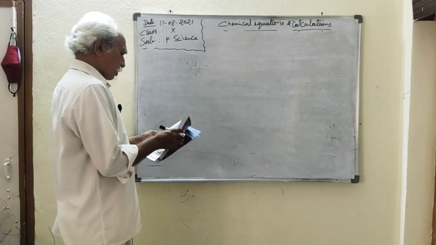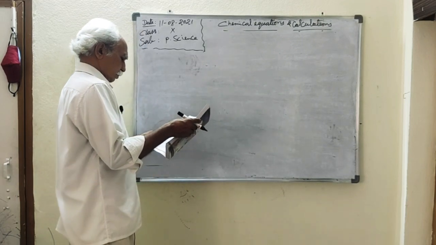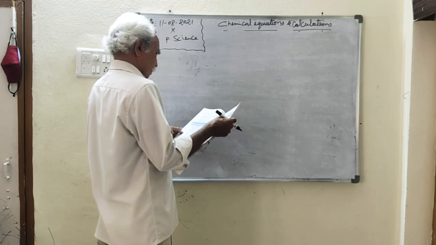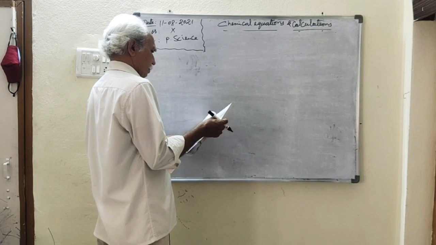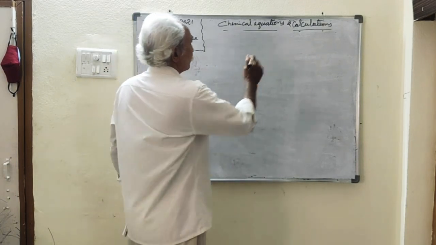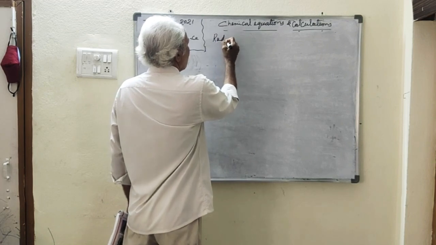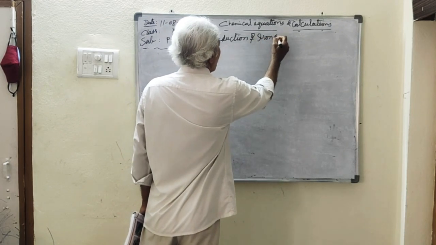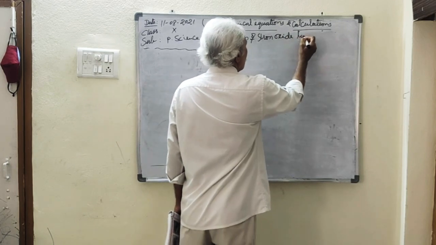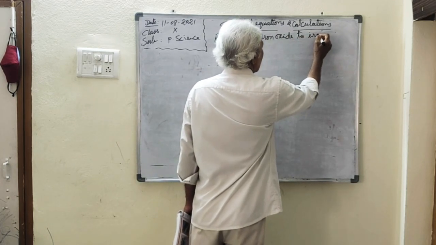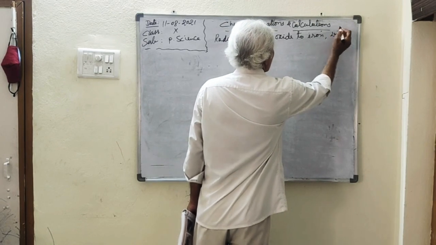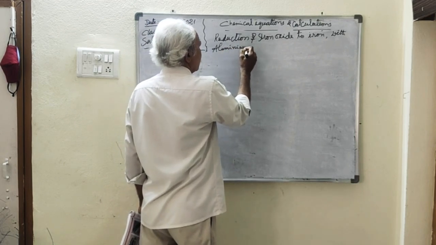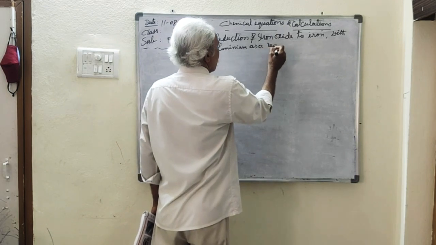Now, another example we take. Number 4. Reduction of iron oxide to iron with aluminum as a reducing agent.